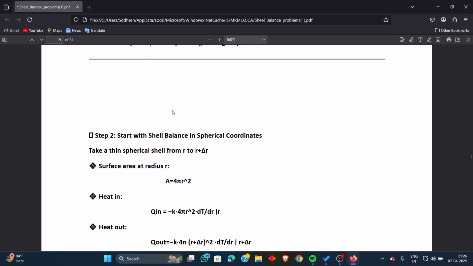Step 2, start with the shell balance in spherical coordinates. Take a thin spherical shell from R to R plus delta R. Surface area at radius R is 4 pi R square.